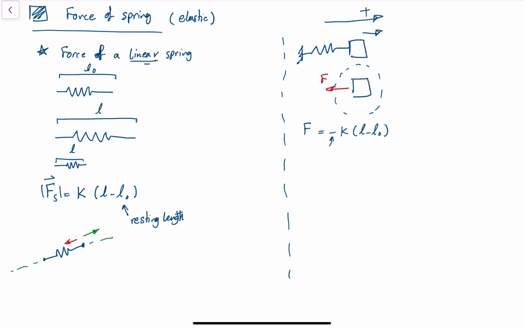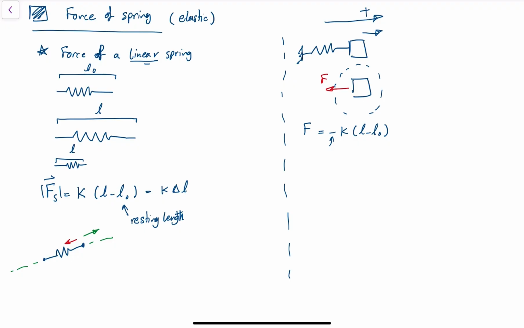I didn't mention this: the change in length, L minus L naught, is often described by delta L. So to summarize, the force of a spring is along the main axis of the spring.